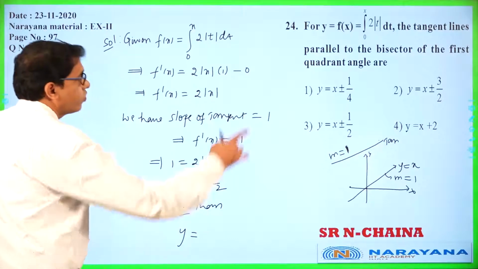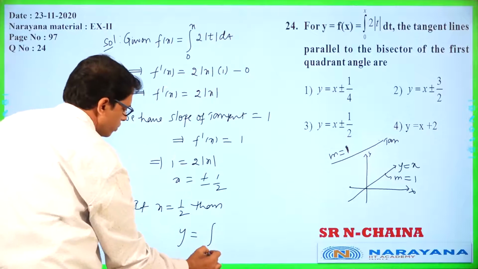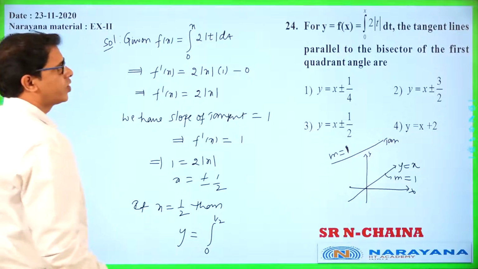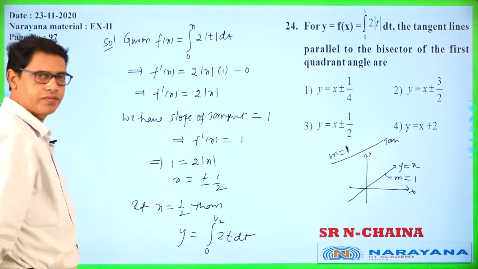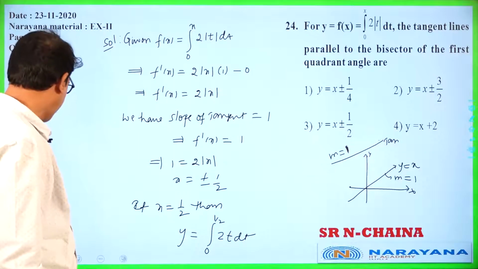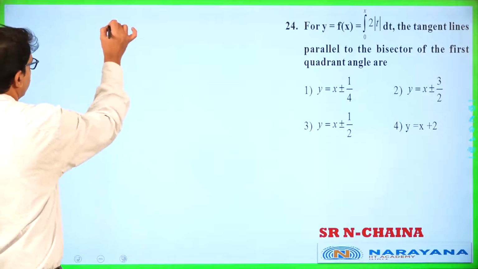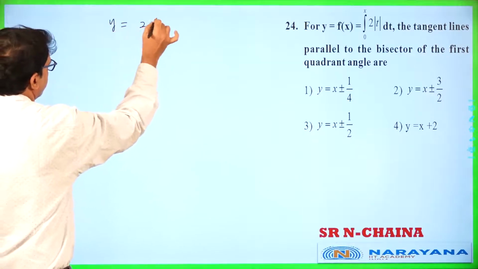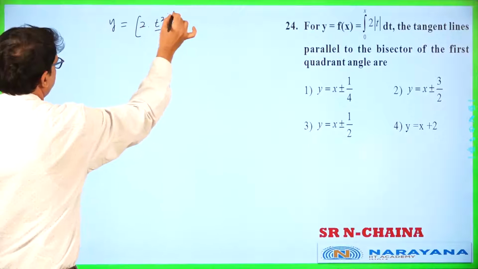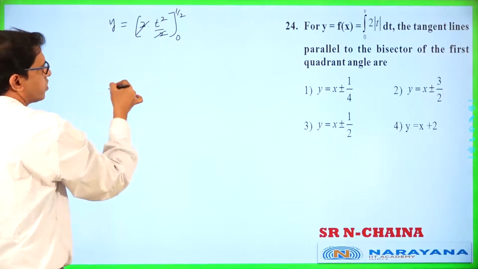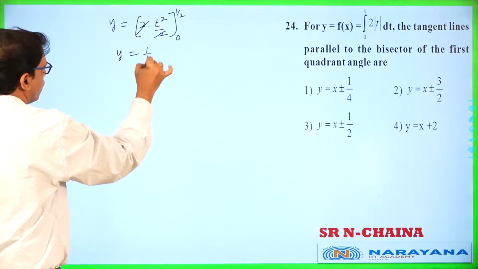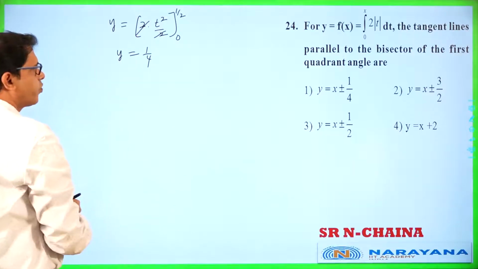Then y is the integral from 0 to 1 by 2, which is positive, so you can take 2t dt. Integrating, y equals 2 into t square by 2, limits 0 to 1 by 2. The 2 cancels out, so y will be 1 by 4.